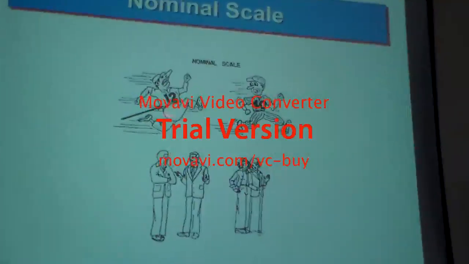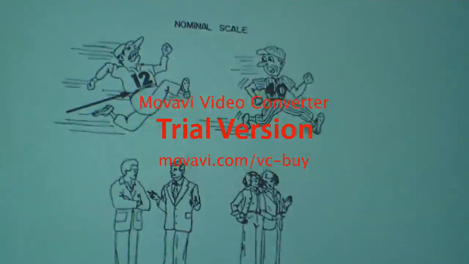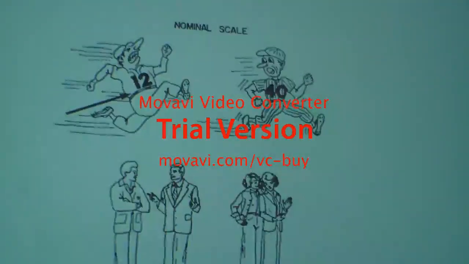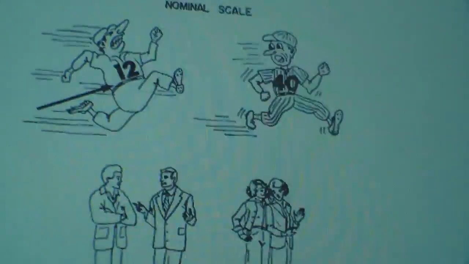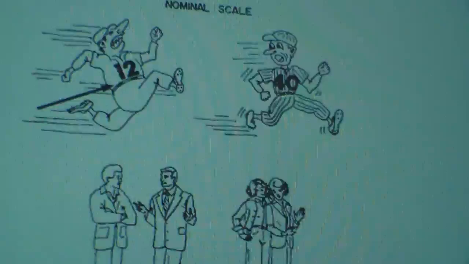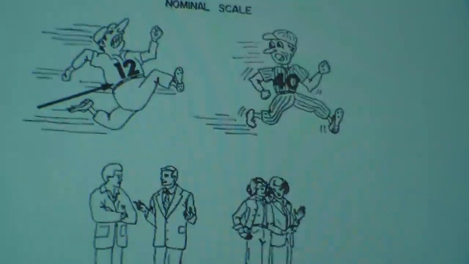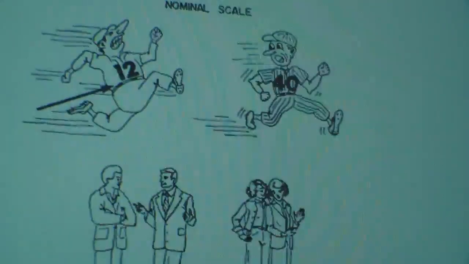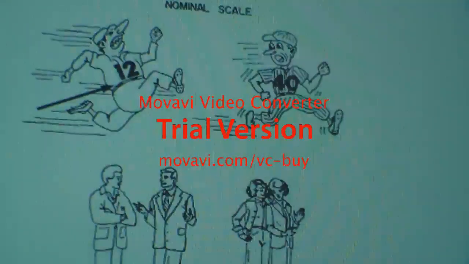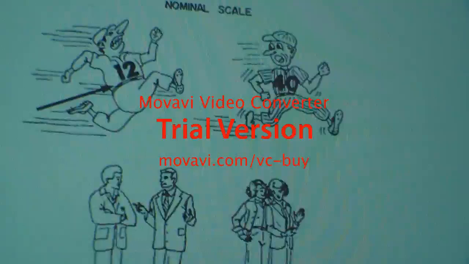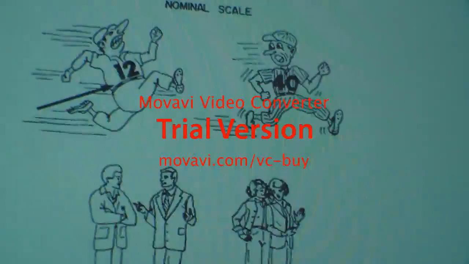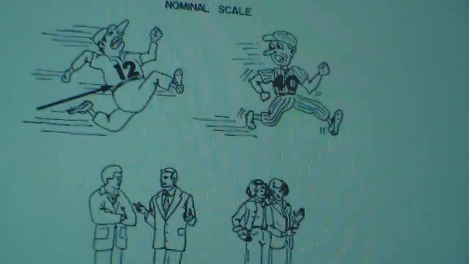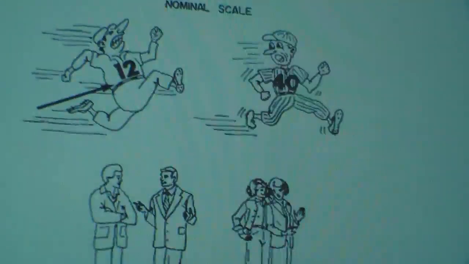Also, these are some examples of nominal scale. What can you understand from this drawing? Just think about it. We have some numbers assigned.